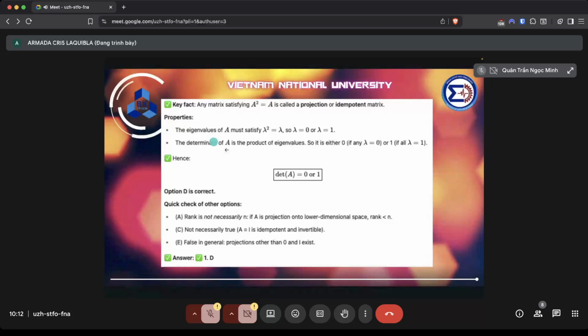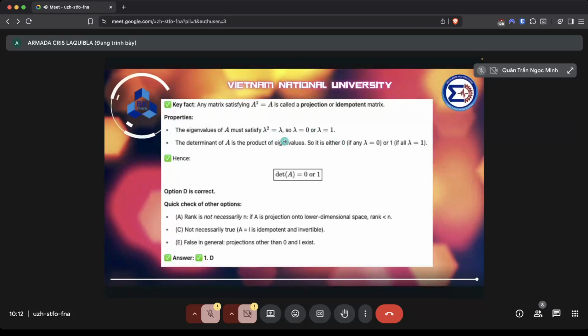It's not in the discussion yet, but these eigenvalues will be discussed in the finals, so I just introduce it. We use this to show this part here. The eigenvalues of A must satisfy lambda squared is equal to lambda. So lambda is 0 or lambda is equal to 1 if you solve for lambda here.